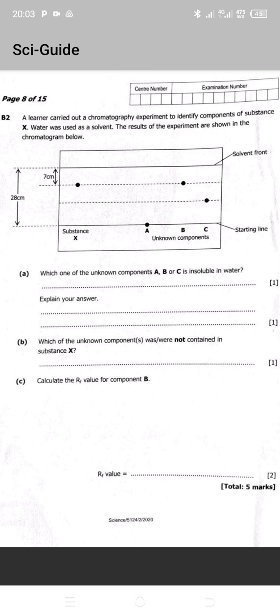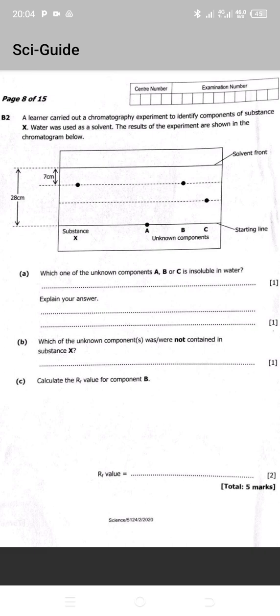The question reads: a learner carried out a chromatography experiment to identify components of substance X. So this chromatography experiment was all about identifying the components which are in substance X. Water was used as a solvent. The results of the experiment are shown in the chromatogram below.